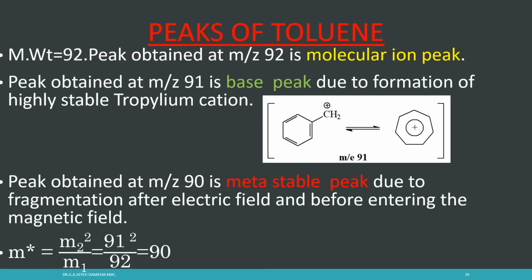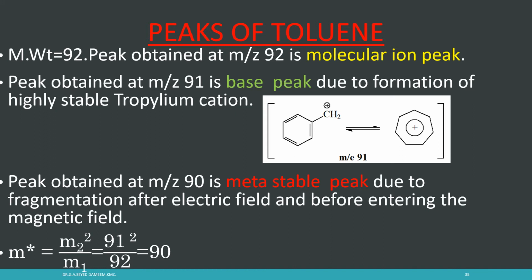Next topic, peaks of toluene. This slide shows peaks of toluene with m by z values. Toluene gives three peaks: one peak with mass 92, another with mass 91, and another with mass 90. The peak with m by z 92 is the molecular ion peak because the molecular weight of the compound is 92.